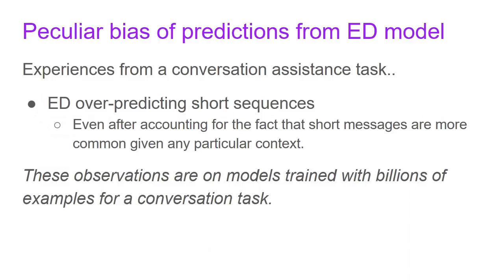And we found that the encoder-decoder model was over-predicting short sequences. This is even after we accounted for the prior distribution of short messages being more common than long ones in a conversation setup typically. But it was doing much worse than even the prior.